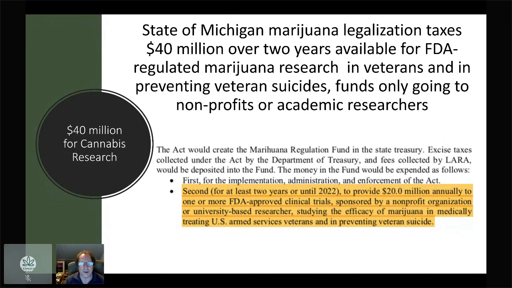They must be sponsored by a nonprofit or university-based researchers, and they must study the efficacy of marijuana in U.S. armed service veterans and in preventing veteran suicide. So we're working on a protocol to develop. Probably we think they'll put this money out near the end of 2020 or so. But those are the two main things that we're doing other than MDMA-assisted psychotherapy for PTSD. Next, please.